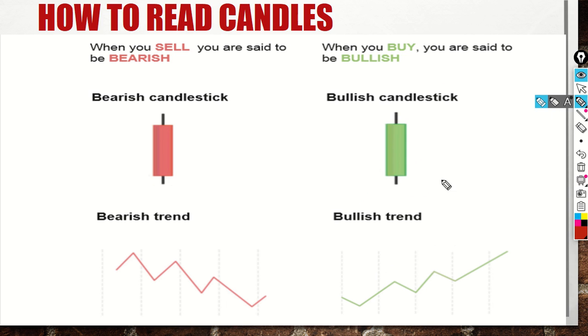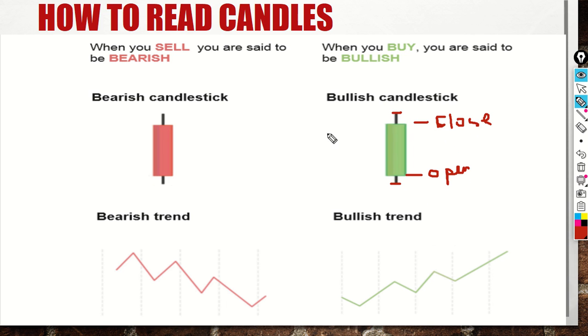So in a bullish candlestick, this will be the open, then this will be the close. So price opened at a lower price, closed higher. This is the high, this is the low.